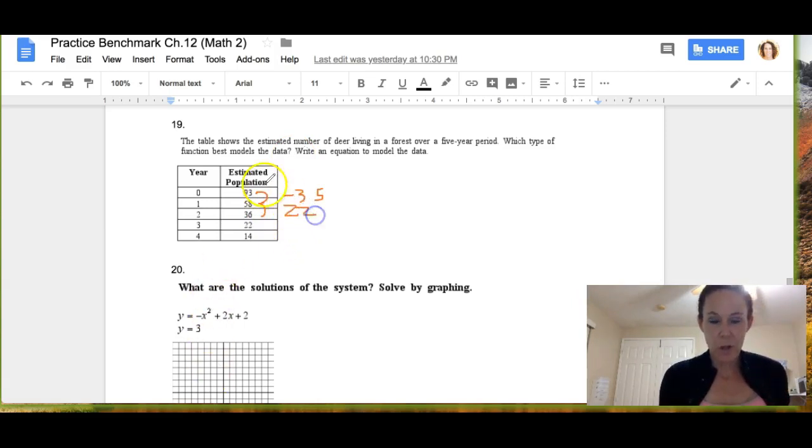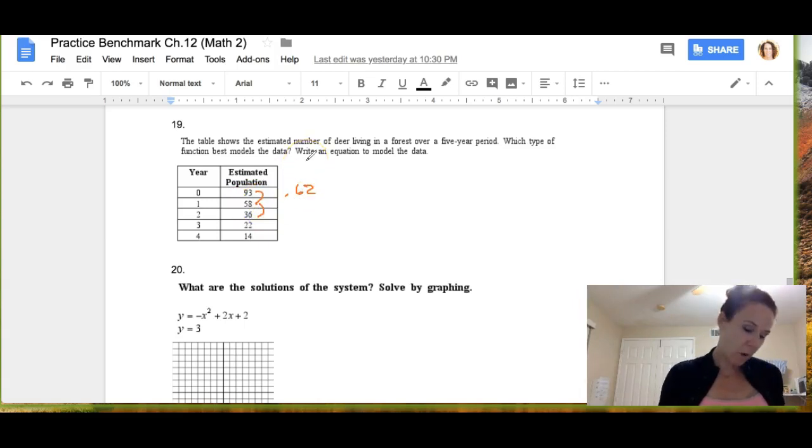So I already know it's not going to be linear because there's not a common difference just in the first 2. Now I could keep checking to see if it has a common second difference, but before I do that, let's check ratios. Let's check the ratio of 58 divided by 93. All right, to get from here to here, I'm going to multiply with a ratio of 0.62 about.